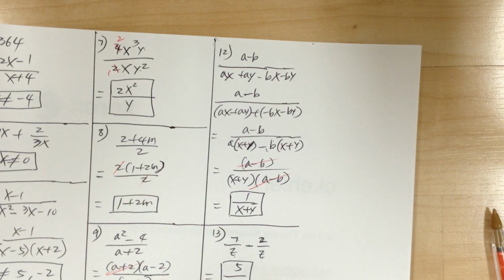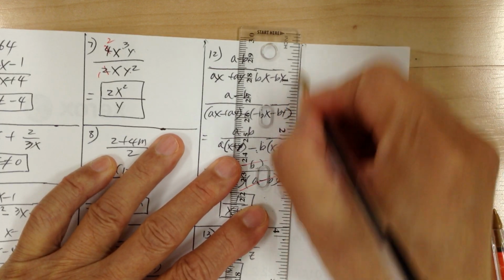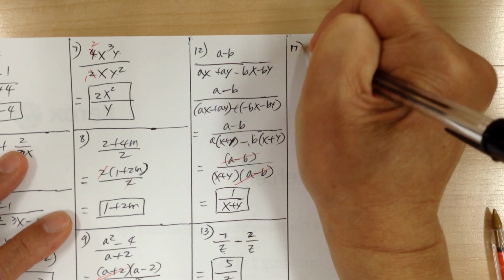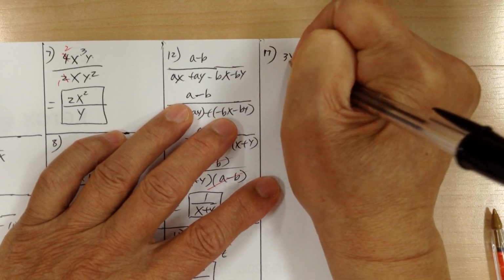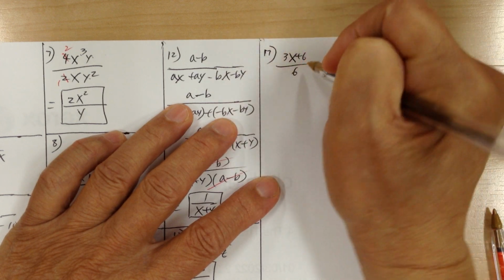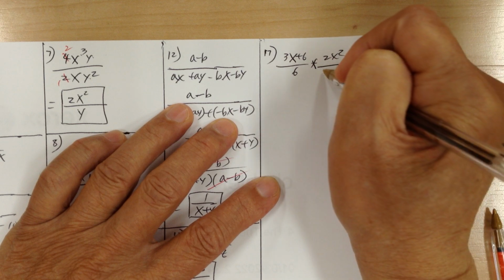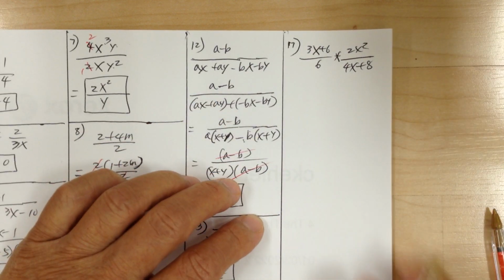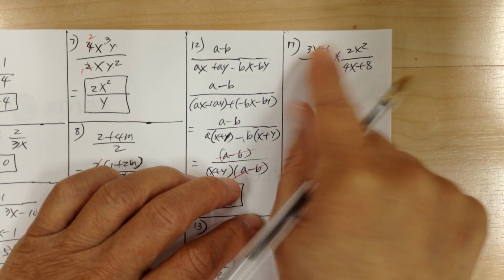Okay, let's go to the next one. Number 17. You have 3x plus 6 over 6 multiplied by 2x squared over 4x plus 8. So first again, as soon as you see addition or subtraction, you've got to factor.